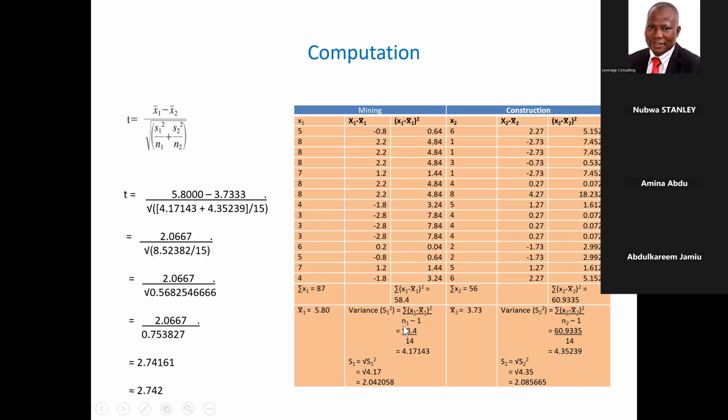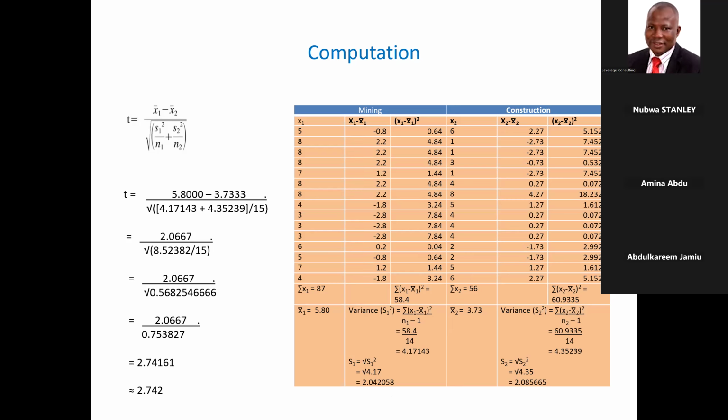So when you calculate, you divide each of them by the degree of freedom, 14. Mine gives you 4.17, the other one gives you 4.35. The square root of each of these variances gives you the standard deviation, which is 2.042 and 2.085.